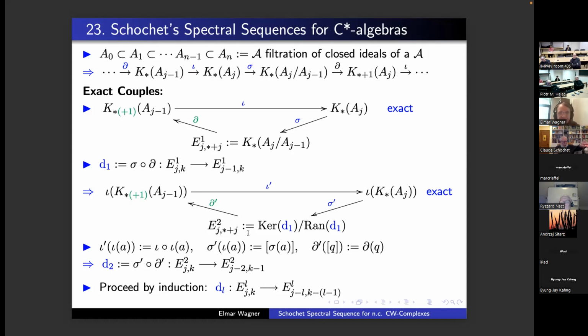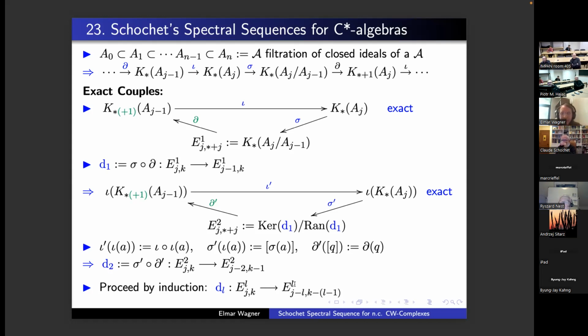So from one exact couple, we replace this page by homology, construct another exact couple, and then we go on by induction. The important thing is that we act on the element that comes from the inclusion. So we get our differentials.